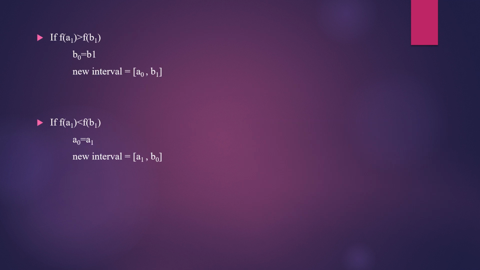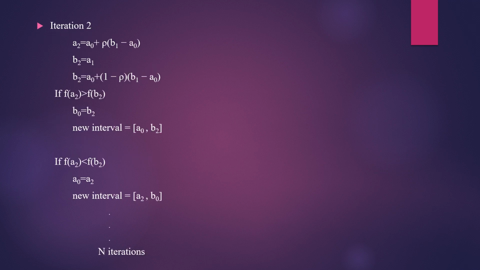After calculating a1 and b1, we have to find the value of our objective function at a1 and b1. If f of a1 is greater than f of b1, our new interval will become a0 comma b1. If f of a1 is less than f of b1, our new interval will become a1 comma b0. In iteration 2, we find a2 and b2.